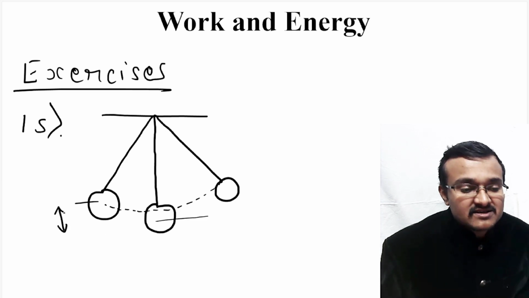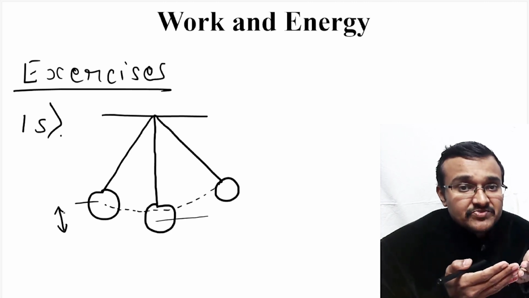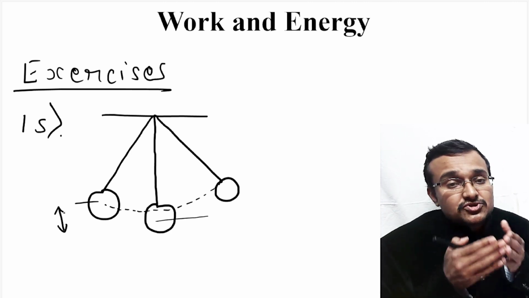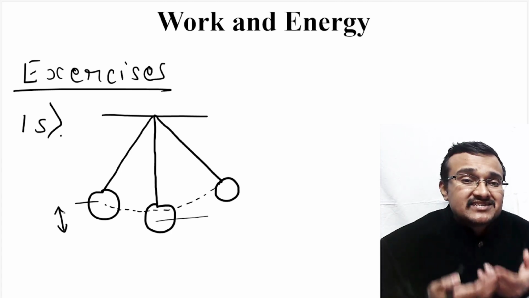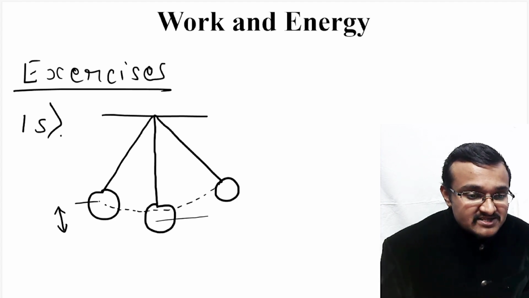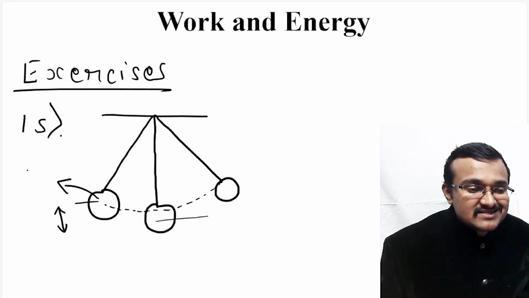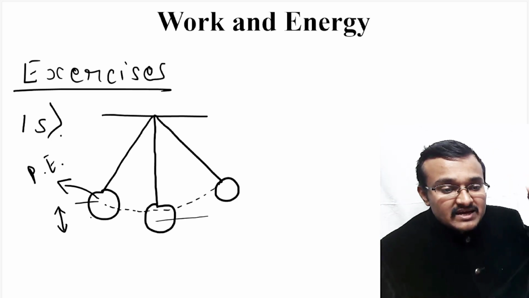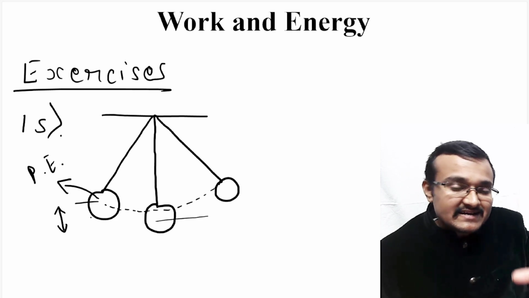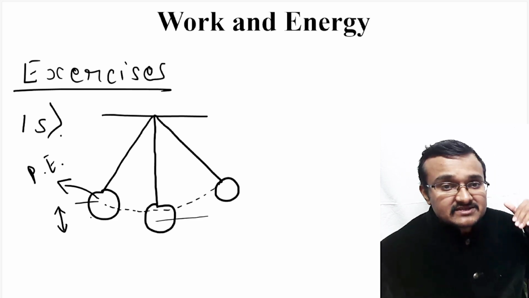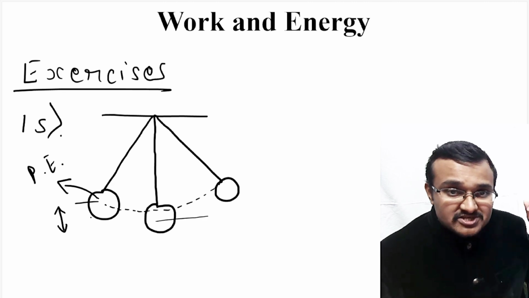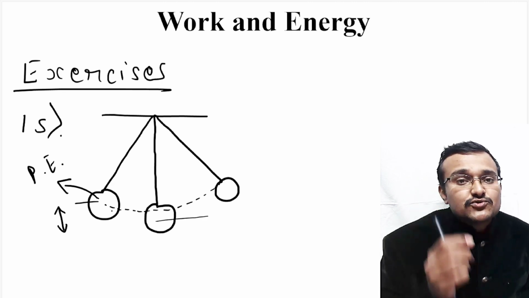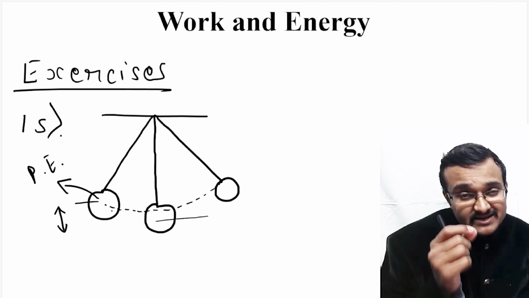That means you have increased the height of the pendulum, so you are giving a certain amount of gravitational potential energy, or simply potential energy, to it. From that position, if you leave the pendulum, it will start oscillating and keep on oscillating like this. When the simple pendulum is oscillating like this, you have to explain how the law of conservation of energy is maintained.